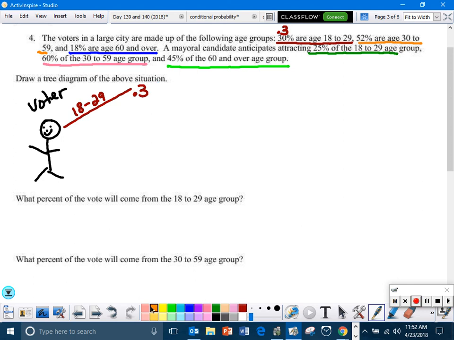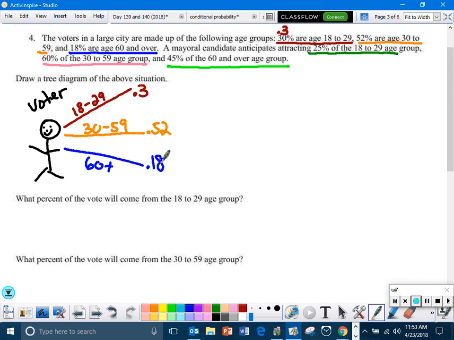Then we've got the next age group, 30 to 59. And the decimal for 52% is 0.52. Then we've got the next age group, 60 plus, and 18%, 0.18, are in that age group. Now those three will add up to 100% or up to 1 as a decimal.